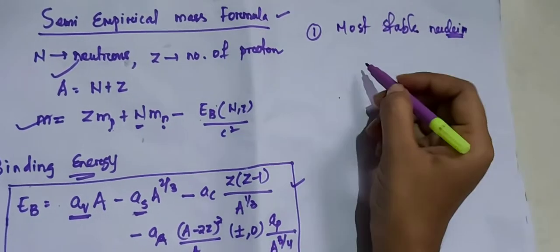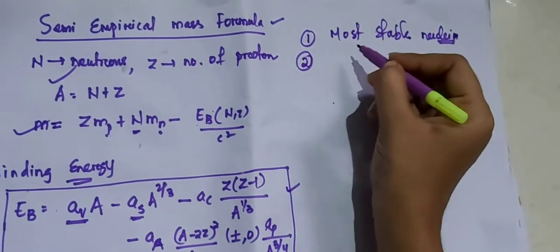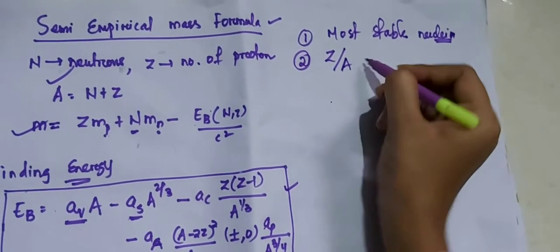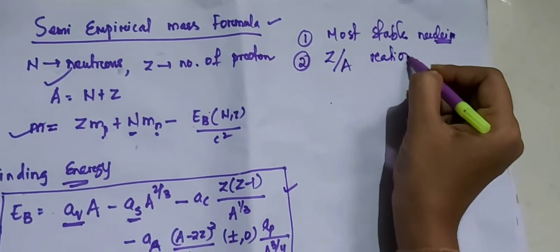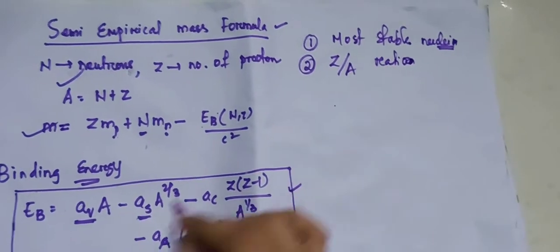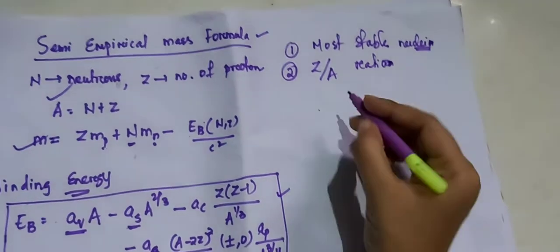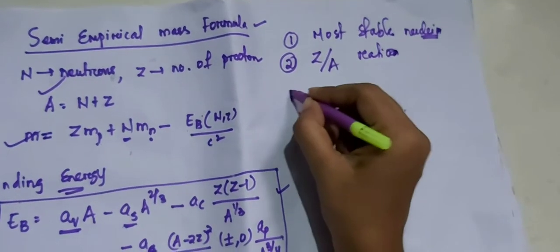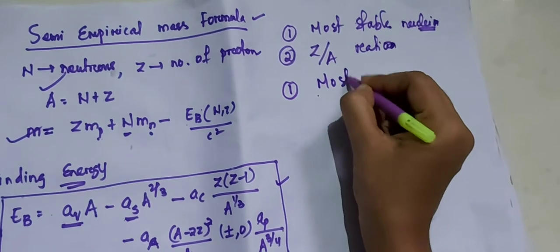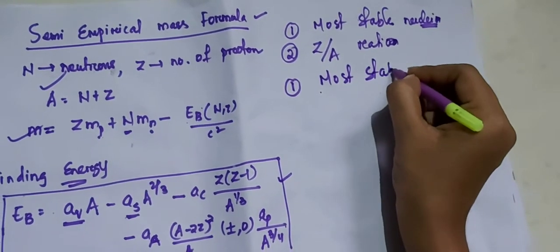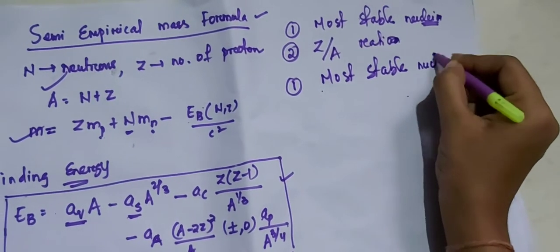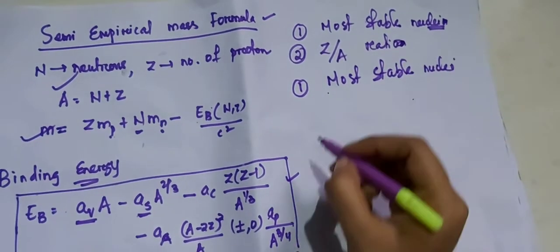Second, you will get questions to find the Z by A ratio. So for most stable nuclei, the first case, let's see.